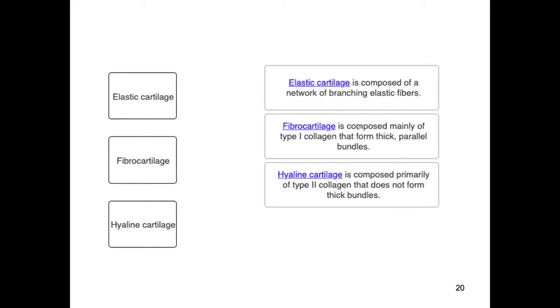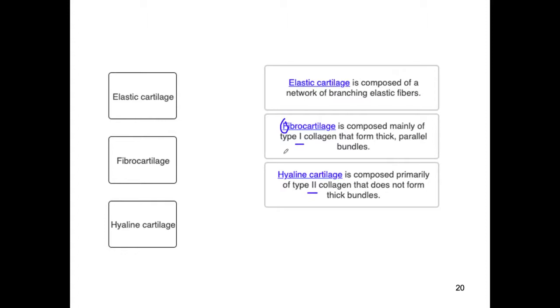So if it says here, blank is composed of type 1 collagen fibers, that's thick type 1 collagen. What did I say earlier about type 1? I said that's fibrocartilage. Type 2 is hyaline cartilage, EFGH. F comes before H. Fibrocartilage is type 1, hyaline cartilage is type 2, right?